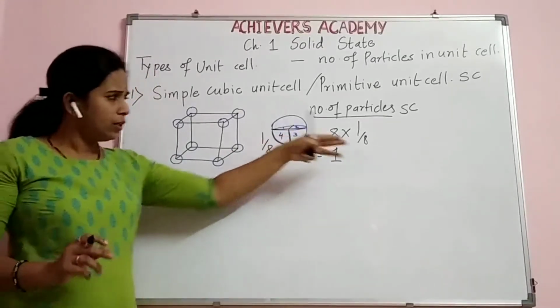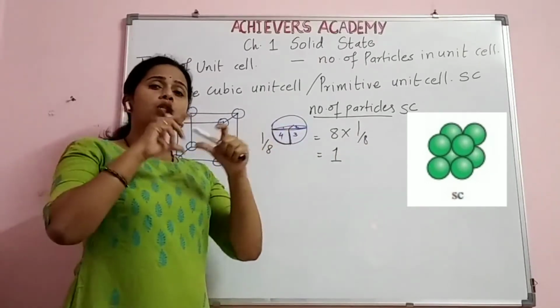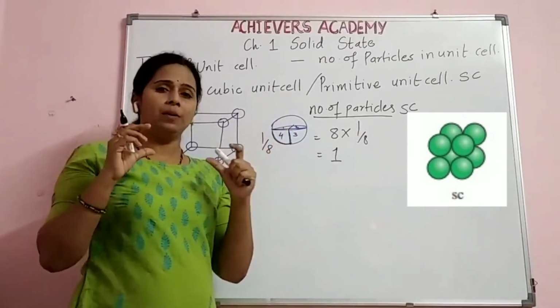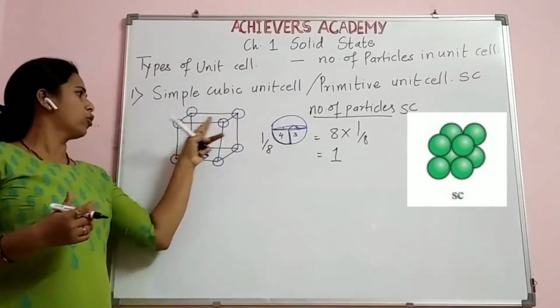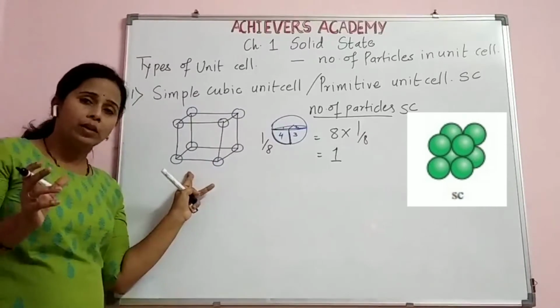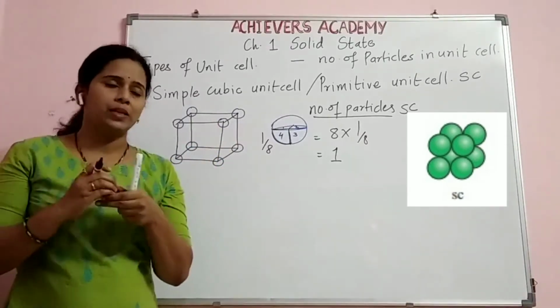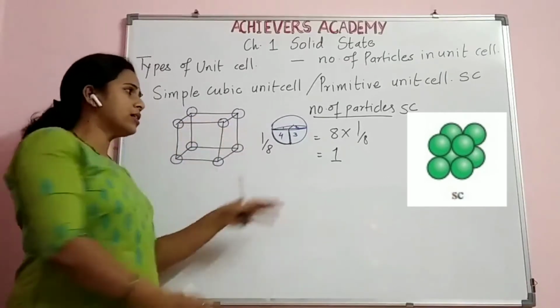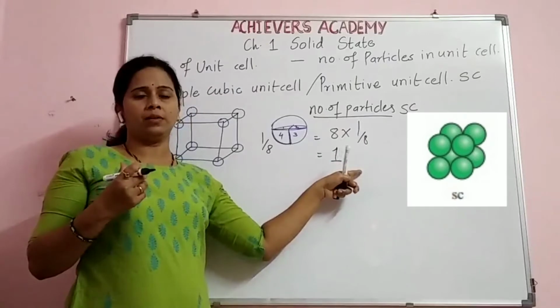Fine. Now in the further figure you can see how those particles are compactly placed. While drawing on paper we have to draw the diagram this way, but actually, as it is a solid, the particles are very compactly placed. This distance is not there. You can see in this figure how compactly they are placed.